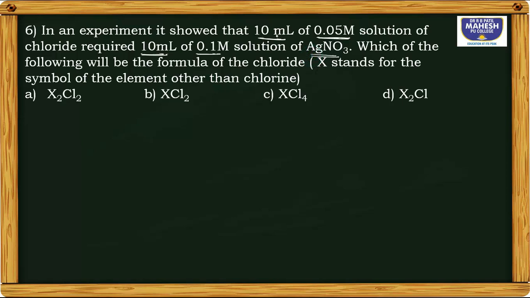Which of the following will be the formula of the chloride? Here X in the options stands for the symbol of the element other than chlorine. Let us try to solve this.